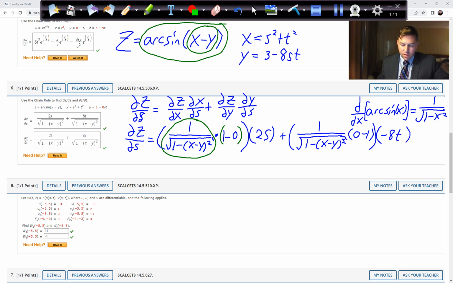And if you look, this 1 and this 2s will go on top, so I have 2s over that same denominator that we have, and then this negative 1 and negative 8 will cancel, and so I get positive 8t on top of the exact same denominator.